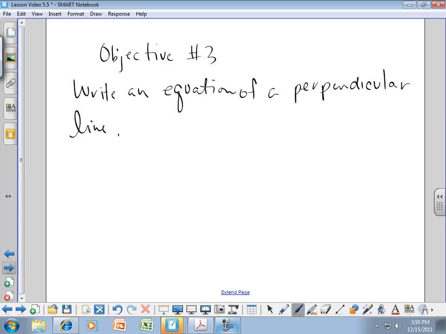All right? Well, then I think you can guess objective number 3 here is going to be write the equation of a line that's perpendicular to a certain line. Okay? Now let's say that they want us to write the equation of a line that goes through negative 3, 4 and is perpendicular to y equals 1/3 x plus 2.